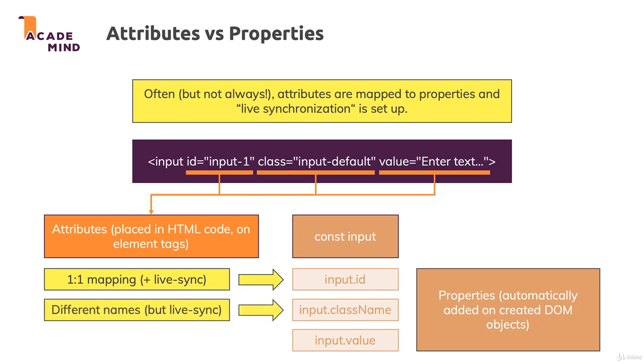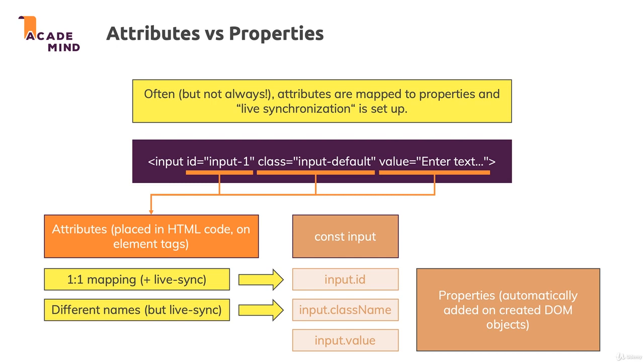There we also have live synchronization. So if we change the property, the attribute will change. If we change the attribute, the property will change. But the names are not equal, so we don't really have a one-to-one mapping. Class on the input, so on the HTML tag, is translated to a class name property here on the DOM object. And of course, the browser does this automatically. It's just important to note that not always the attribute name is equal to the property name.